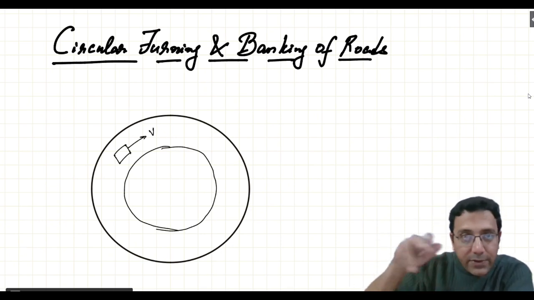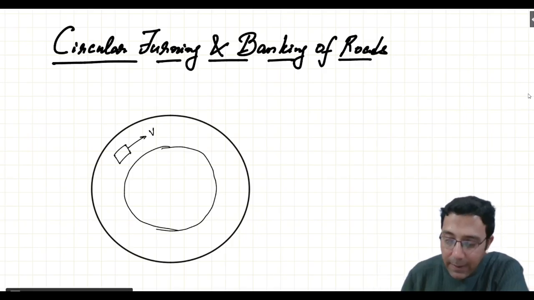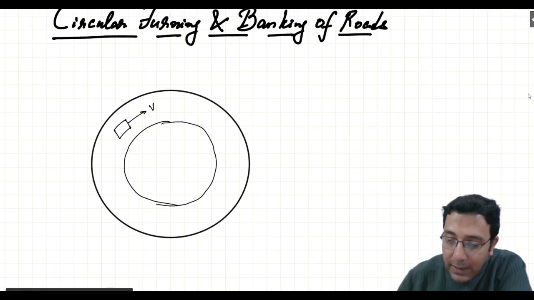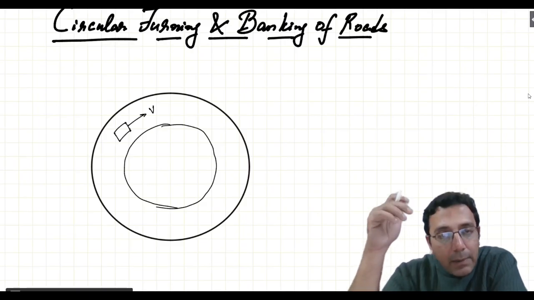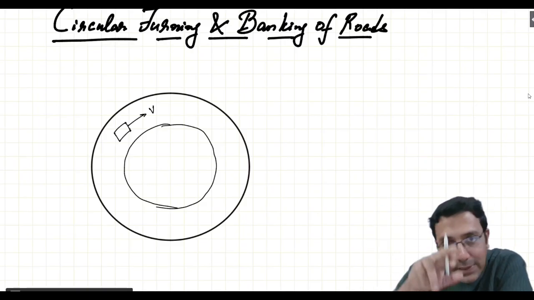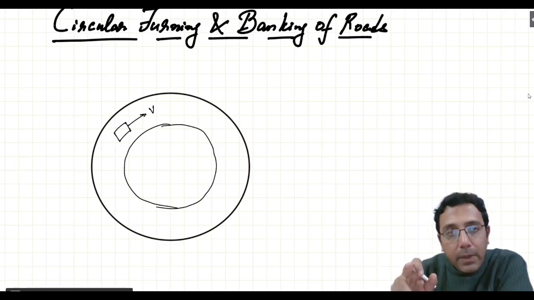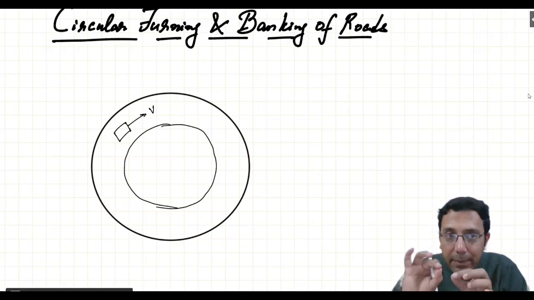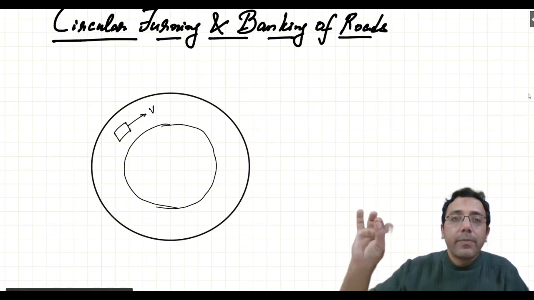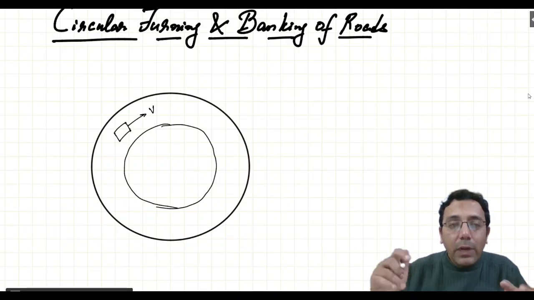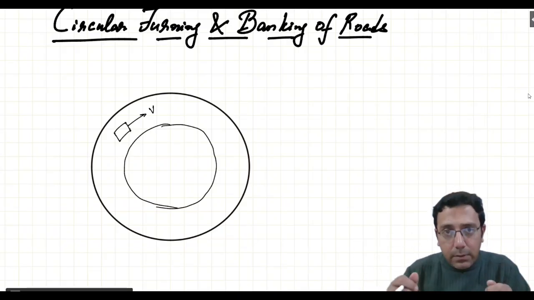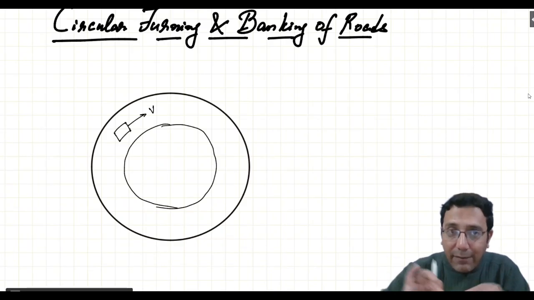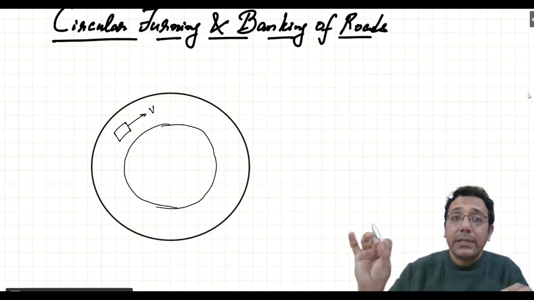It is not going straight. So we have to understand one thing very carefully, that the moment a body wants to traverse in a circular path, the body will have a tendency to slip in the tangential direction. So you have to continuously steer the vehicle. Otherwise, out of inertia, it will steer away from the path in the tangential direction.